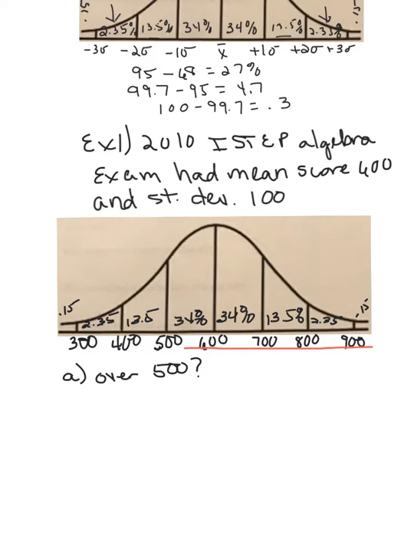Now keep in mind that 600 was in the middle. So that means from the 600 to the right has to be 50%. So if we take that 50% we know and add the 34% between 500 and 600, our answer will be 84%.